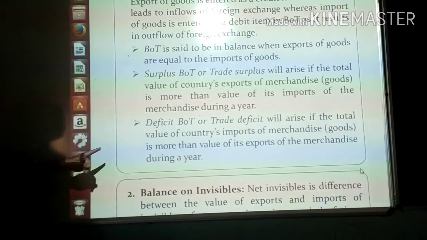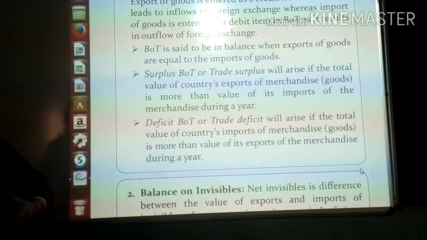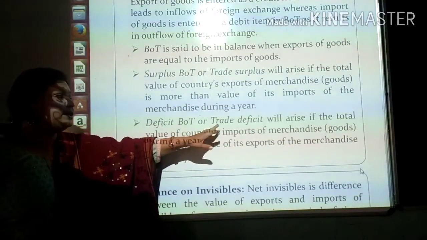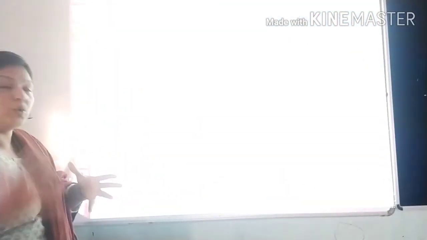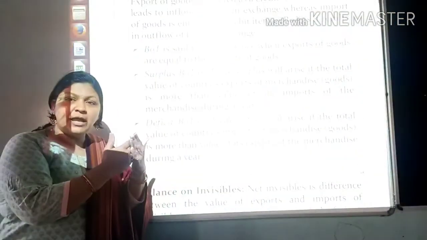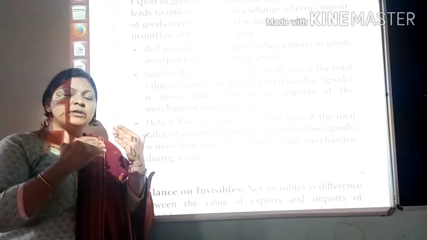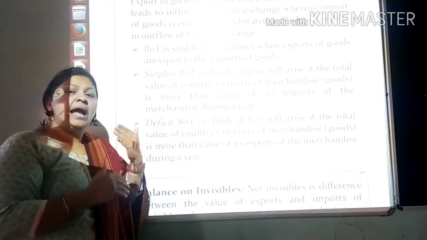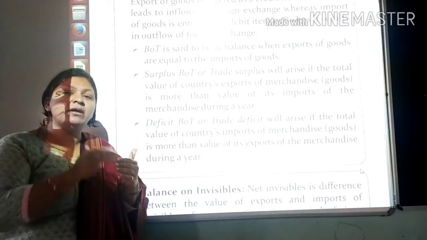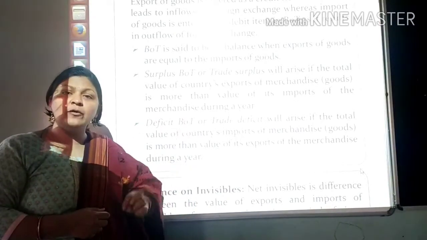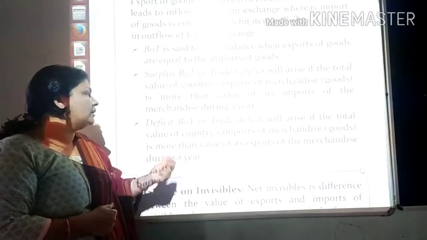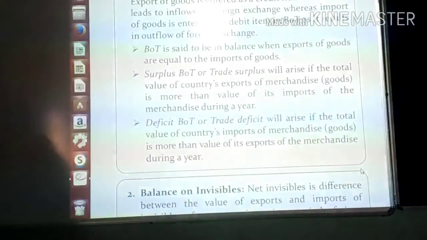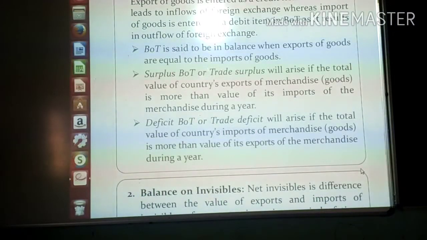A trade deficit will arise if the total value of a country's import of merchandise or goods is more than the value of its export. Simple. If the import is more, our outflow is more, and if the export is less, our inflow is less. When the inflow is less than our outflow, we get the BOT deficit, or trade deficit.